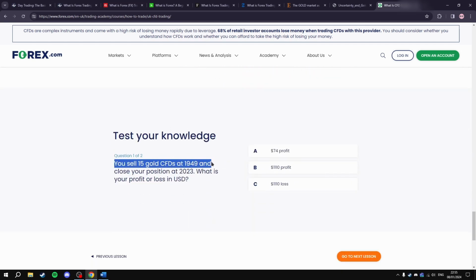You sell 15 gold CFDs at 1949 and you close the position at 2023. What's your profit or loss in USD?